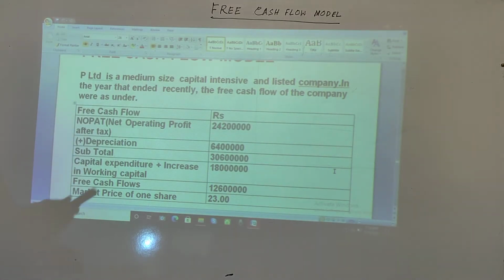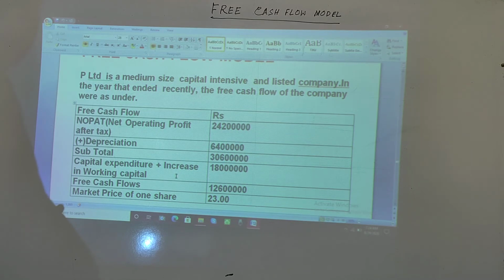P Limited is a medium-sized capital intensive and listed company. In the year that ended recently, the free cash flow of the company was as under. Net operating profit after tax, depreciation, and total depreciation is a non-cash expenditure, therefore we are adding that.